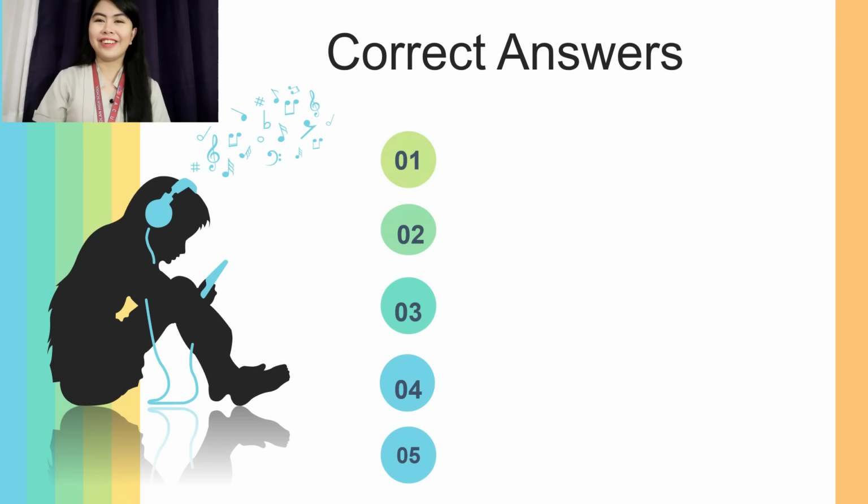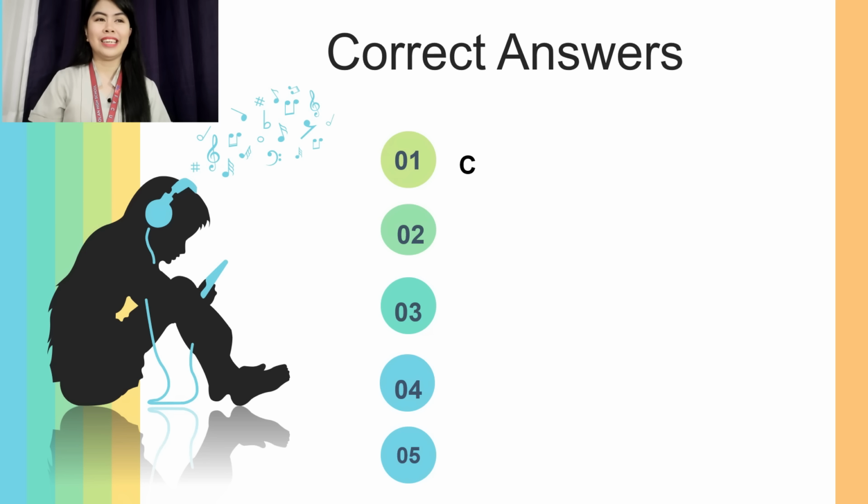Okay, are you ready to know the correct answers? Make sure you check your work honestly, okay? No cheating. Let's have number 1. The answer in number 1 is letter C. Are you correct?